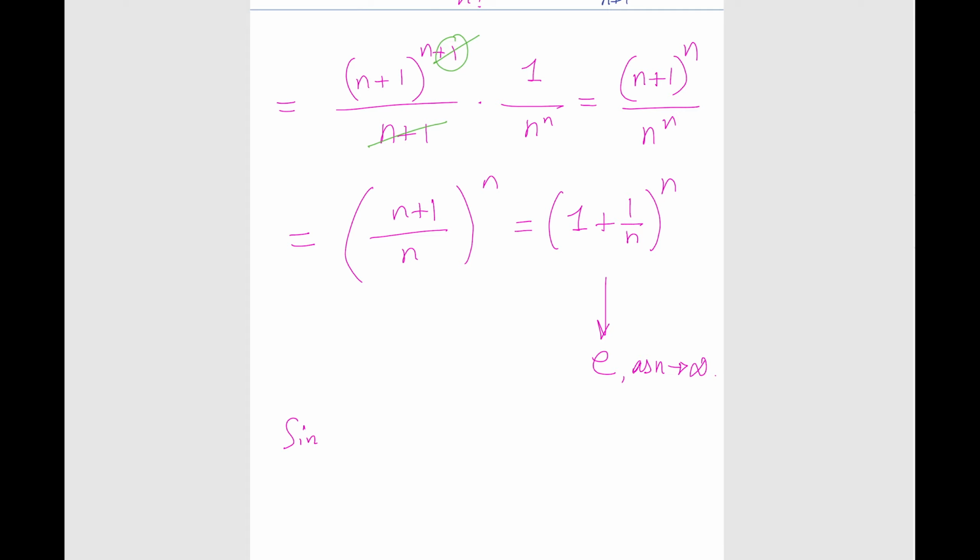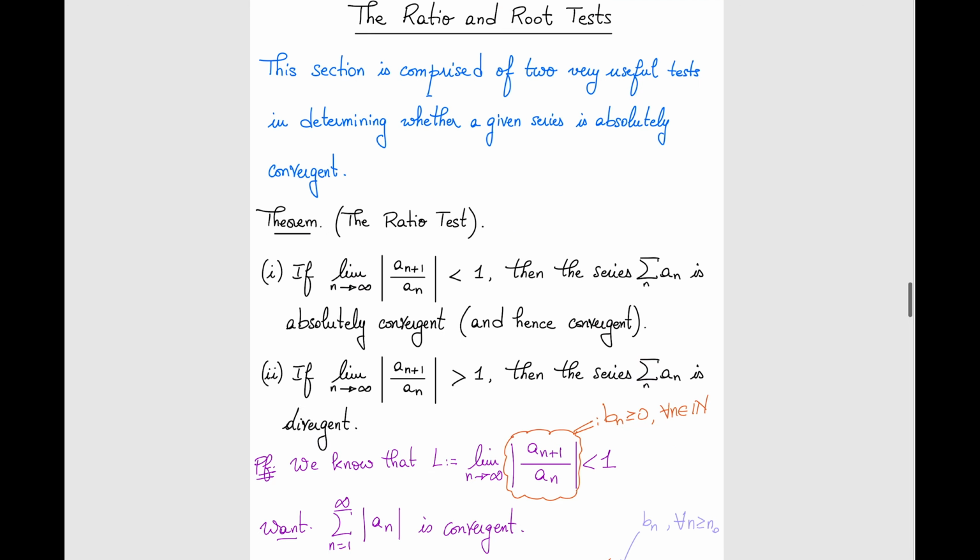So since the limit as n goes to infinity of the absolute value of the ratio a_{n+1} over a_n is bigger than 1, it's actually e, which is bigger than 1, what does the test tell us? Well, it tells us that the series is going to be a divergent series, right?